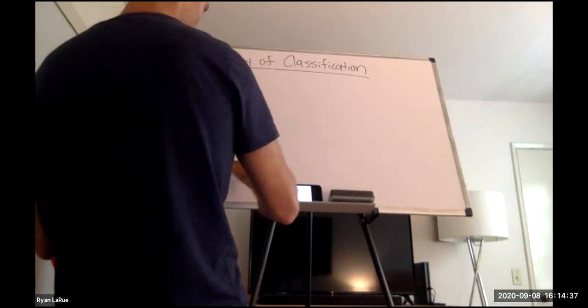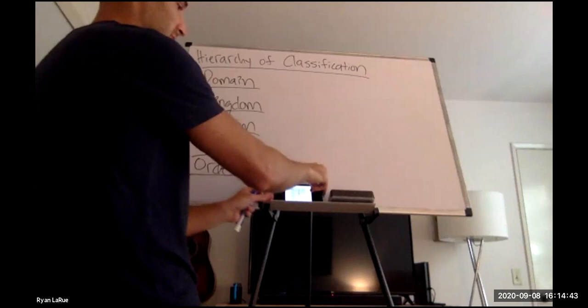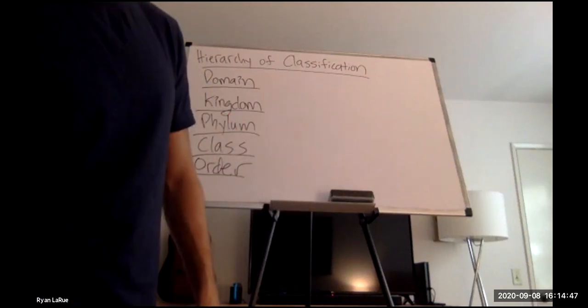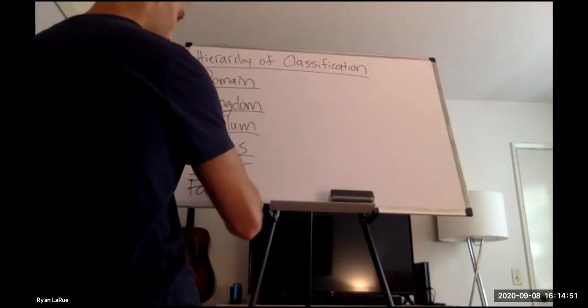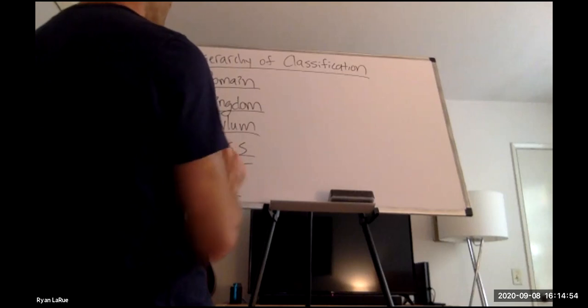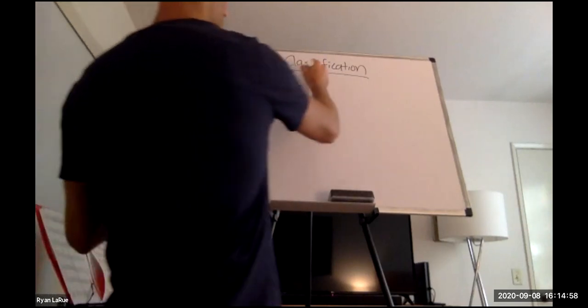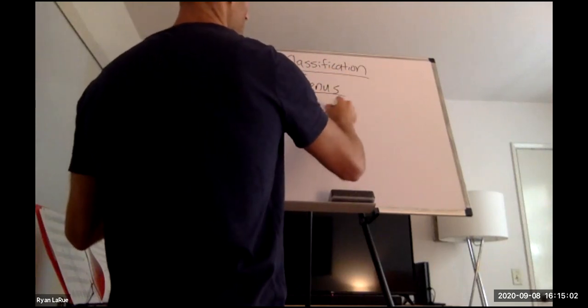There's a lot of species on the planet, so a lot of different groups, sub classifications. So after order comes family. Ran out of room, but I'm just continuing down. I'll just continue here. So after family comes genus, and last is species.